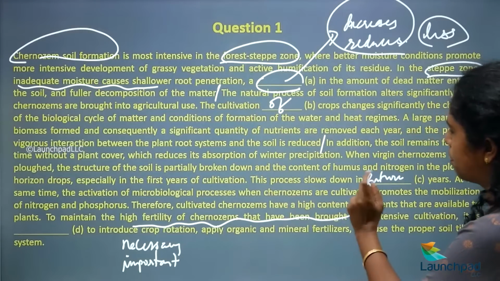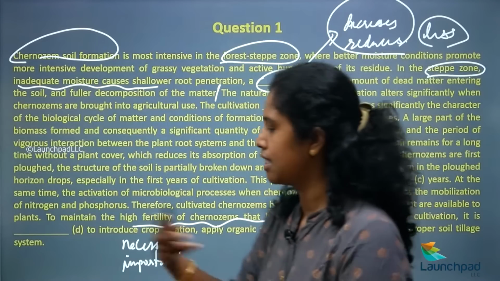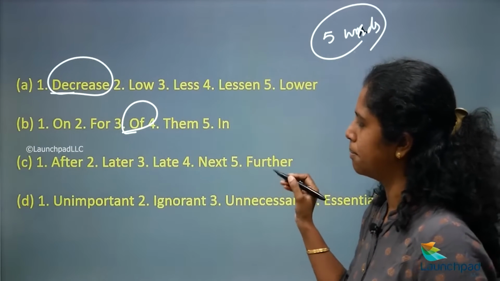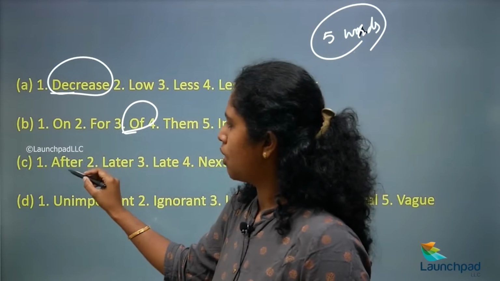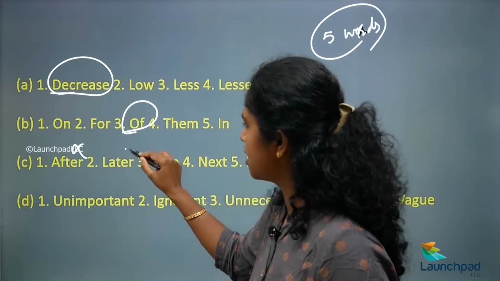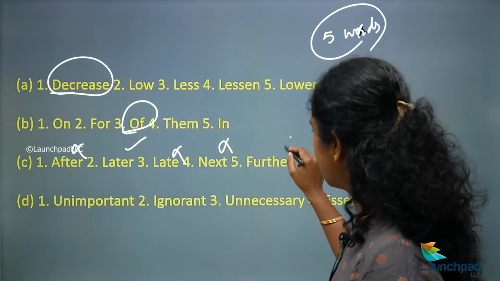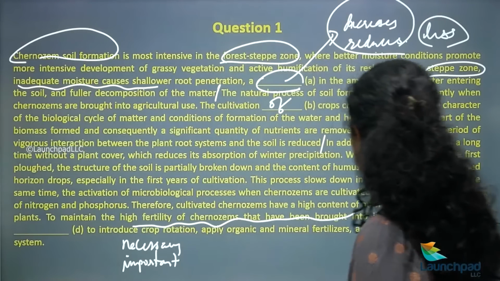Third, this process slows down in dash years, future years. That is in the upcoming years. So what is the word that will come? Okay. That will fit in for the future years. So after years, no. Later years, okay. Late years, no, because you're comparing. Next years, no, the further. Okay, so you have further or later. Let's see.